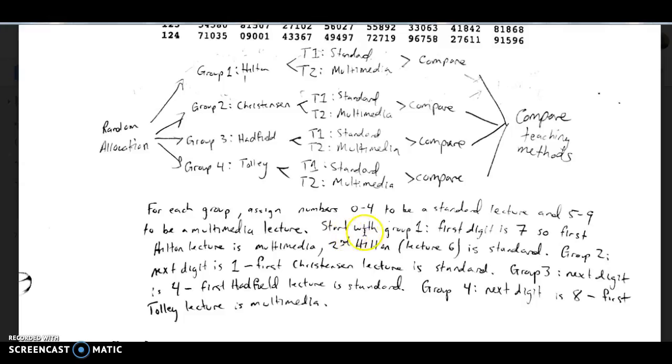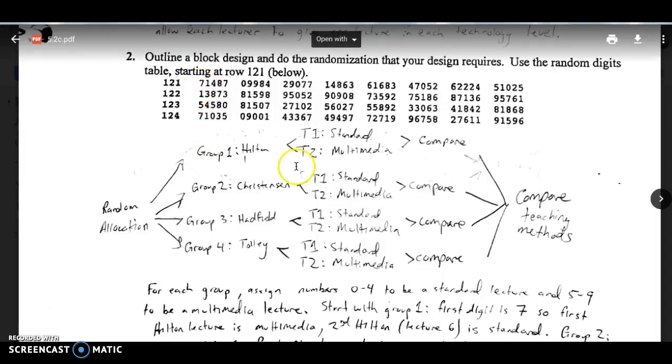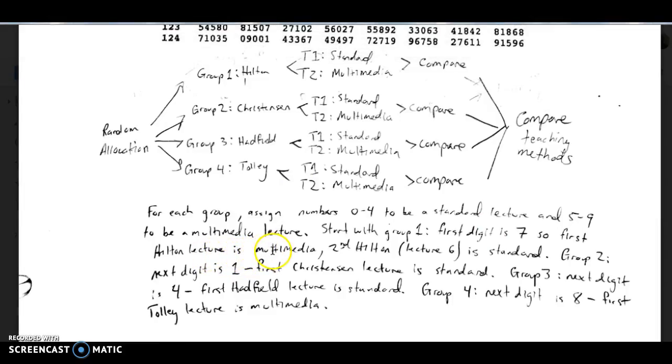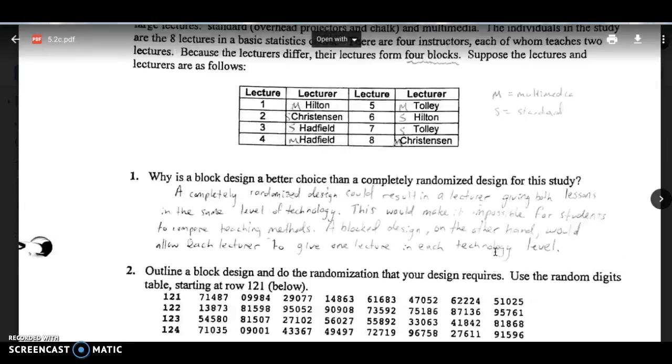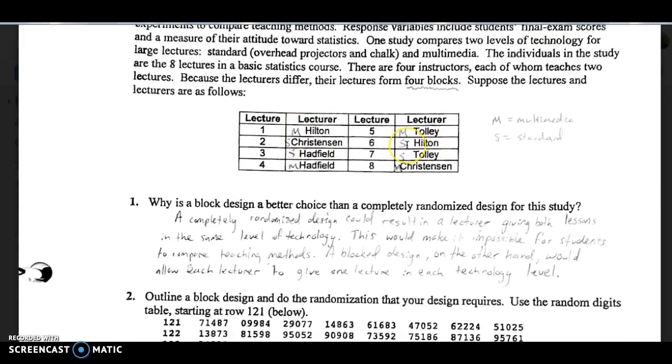So I started with group 1, that's going to be my Hilton lectures. And I noticed in line 121, the first digit is 7. And based on my setup, 7 represents a multimedia lecture. So Hilton's first lecture is multimedia, which means his second lecture is automatically going to be a standard method of instruction. And then I came up to the top and I labeled the first one as multimedia and the second Hilton one is standard.